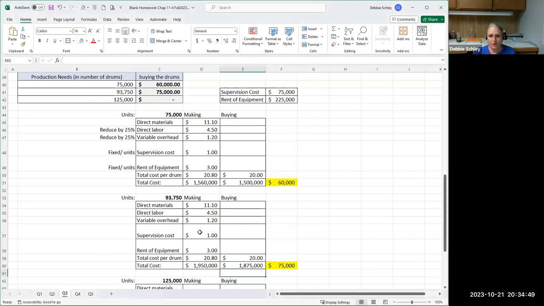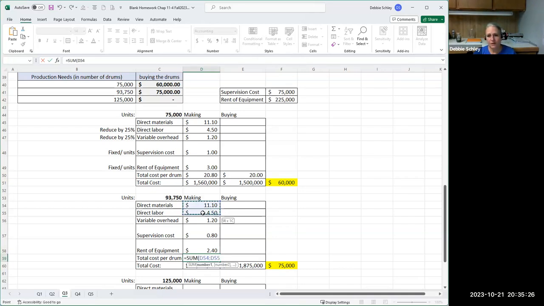I have my supervision cost wrong because there is a different number of units. And so my supervision cost is 75,000 divided by the new number of units. And the rent of equipment is also going to be different. It's going to be the rent of the equipment divided by the new number of units. And then this is going to equal the sum of these numbers. Really important to do things right or you get all the numbers wrong.